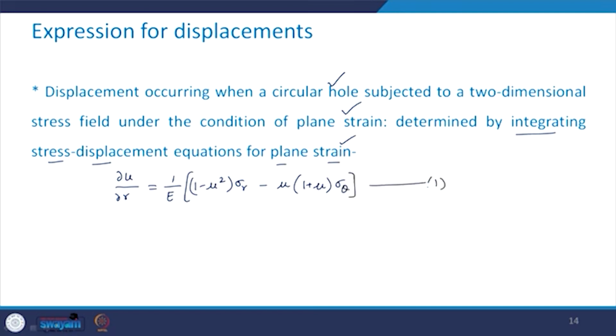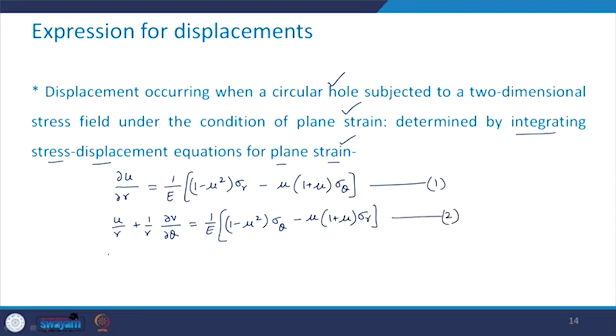That is equation number 1. Then u upon r plus 1 upon r del v del theta is equal to 1 upon E, 1 minus mu square sigma theta minus mu 1 plus mu sigma r, equation number 2.